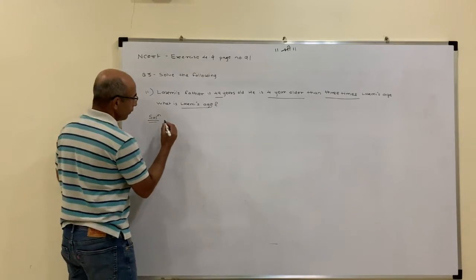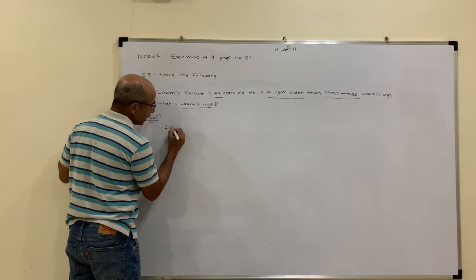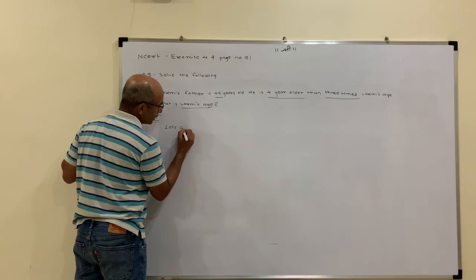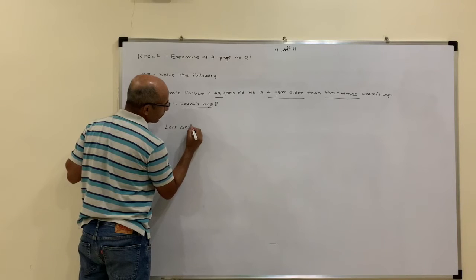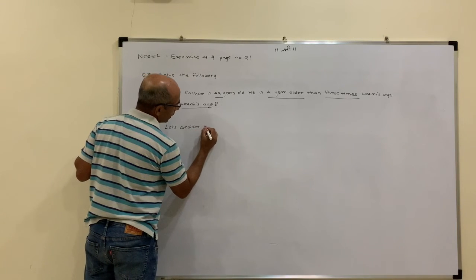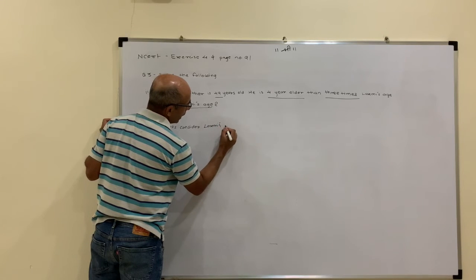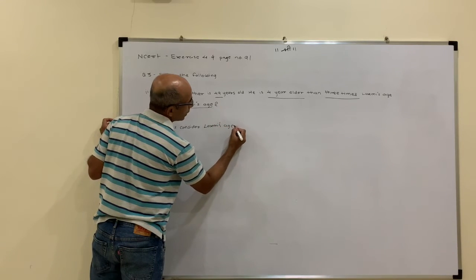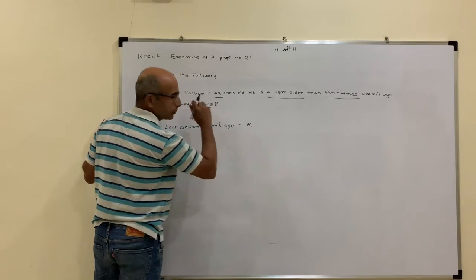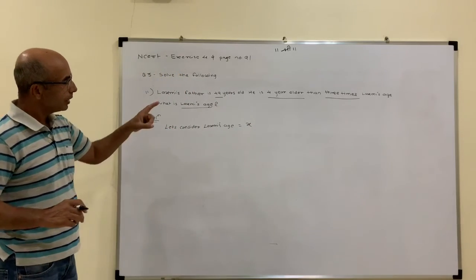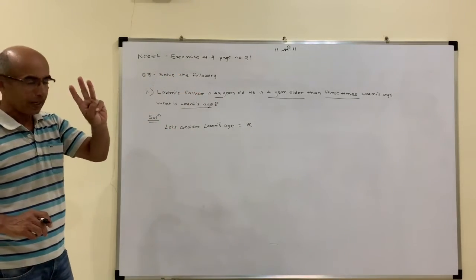So now we assume, let's consider Lakshmi's age equals x. So now first what it said, 3 times.